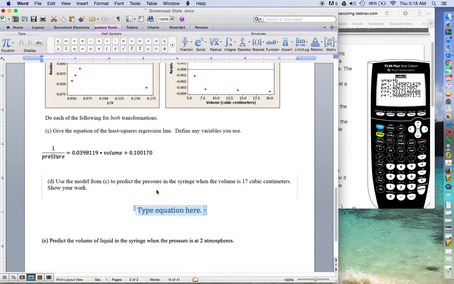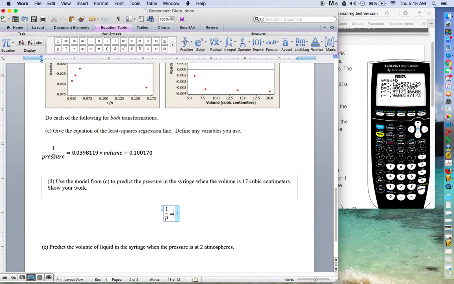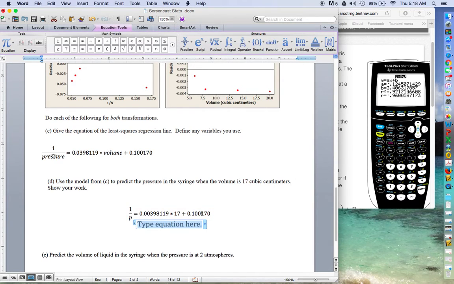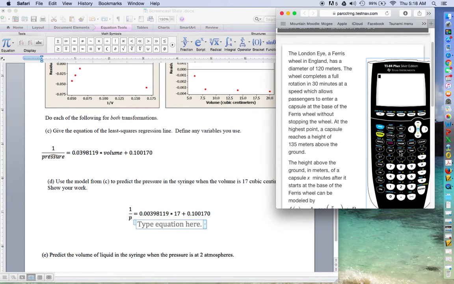So that means we've got 1 divided by P equals 0.0398119 times 17, the volume, plus 0.100170. This is all just a number, so I just need to type that in my calculator.